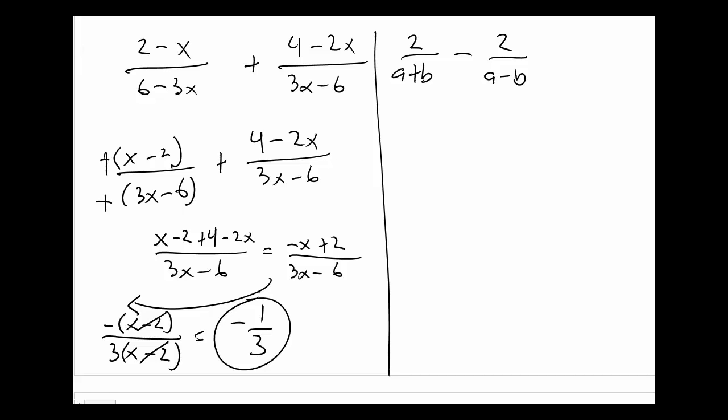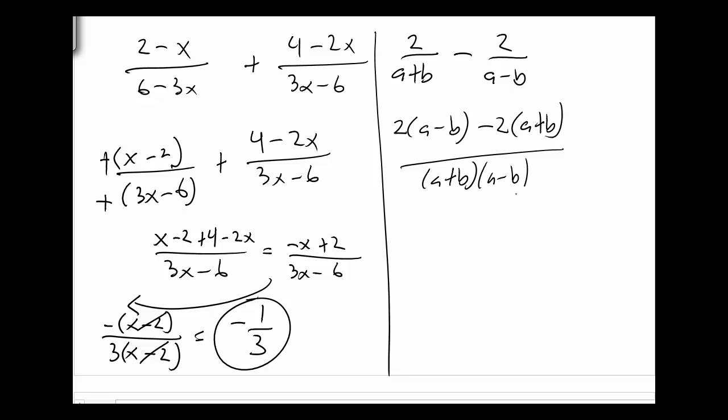With the set of fractions in the second problem, I'm going to take advantage of that not-common denominator rule. So 2 times (a minus b) minus 2 times (a plus b) all over (a plus b) times (a minus b). Alright, what do we get up top? I'm going to distribute that, so 2a minus 2b minus 2a minus 2b.